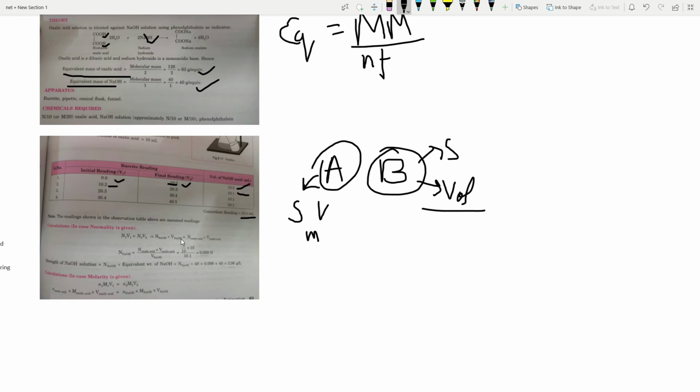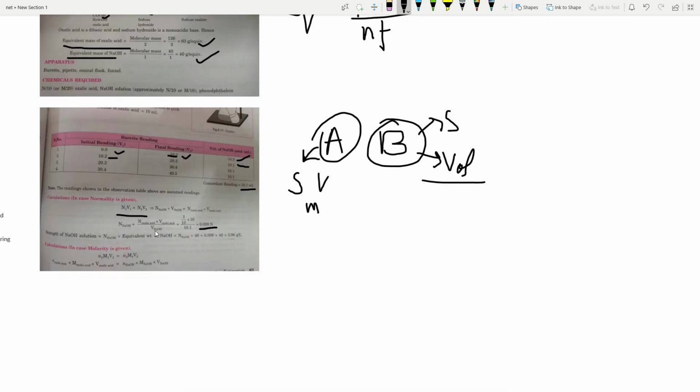Now N1 V1 is equal to N2 V2, where 1 is for NaOH and 2 is for oxalic acid, which is N by 10. You know the normality because you made the solution, you know the volume of oxalic acid you took, and from the titration you got the volume of NaOH. Now divide and multiply and you'll get the normality of NaOH.